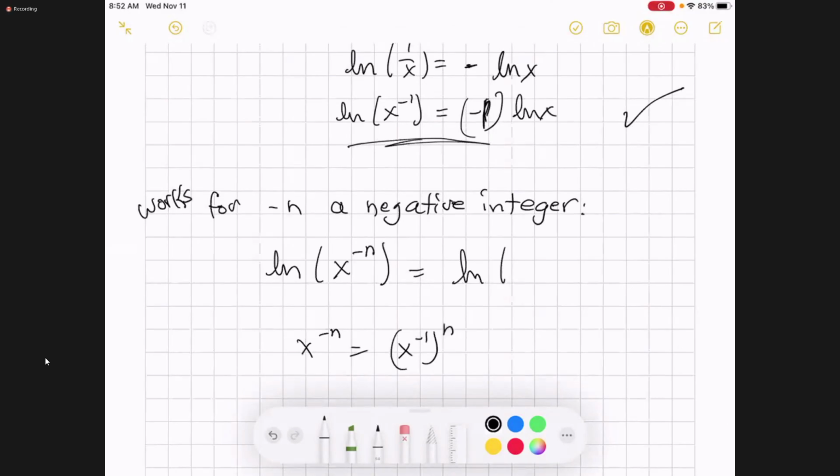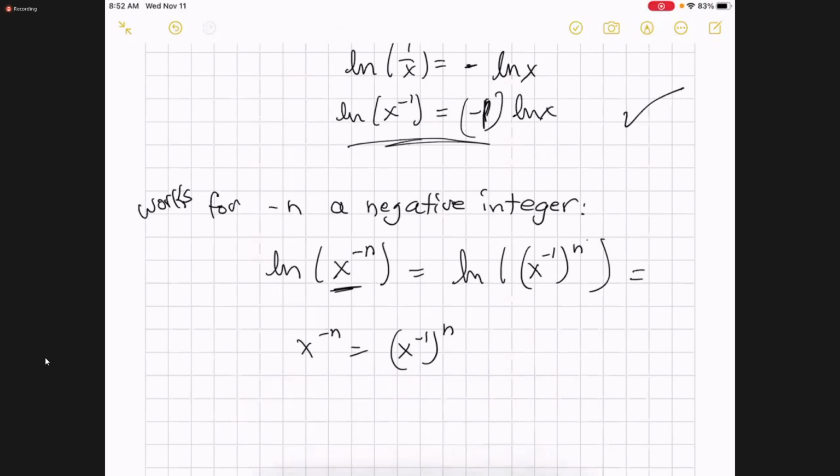Okay, so I can change the form of x to the minus n to be x to the minus 1 all raised to the n. And now n is a positive integer.